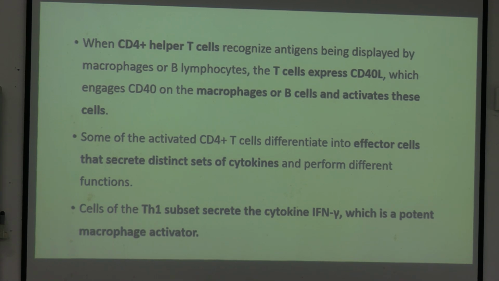Some of the activated CD4 plus T cells differentiate into effector cells that secrete distinct sets of cytokines. Cells of the Th1 subset secrete the cytokine interferon gamma. This interferon gamma is a macrophage activator.